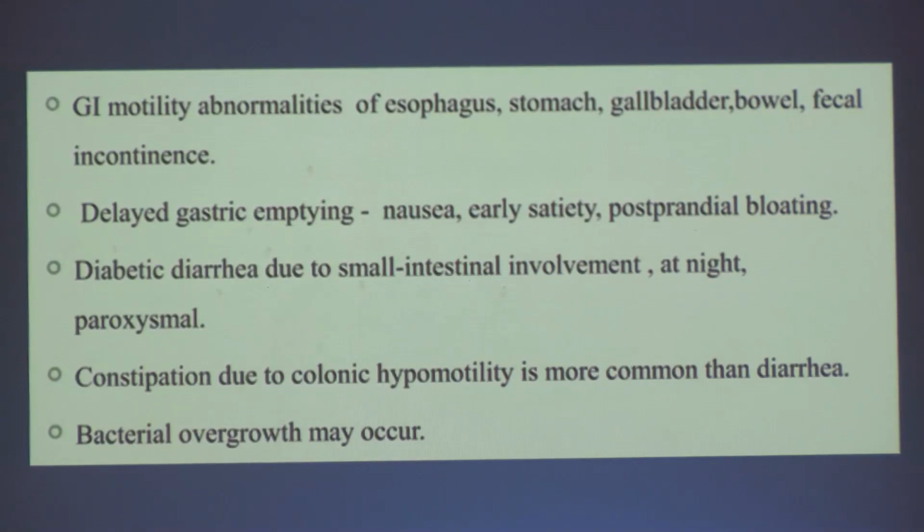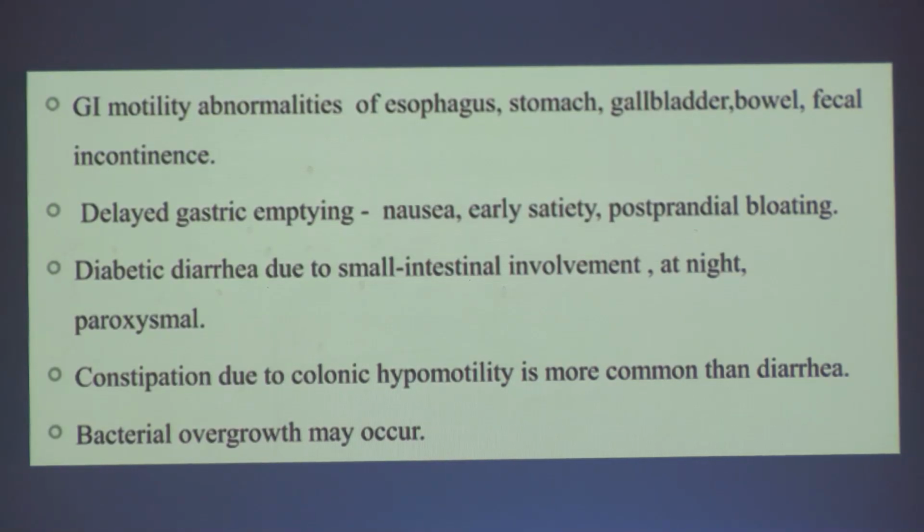Diabetic diarrhea due to intestinal involvement, and diabetic diarrhea is paroxysmal and nocturnal. So paroxysmal and nocturnal diabetic diarrhea is a manifestation of the diabetic autonomic neuropathy due to small intestinal involvement.